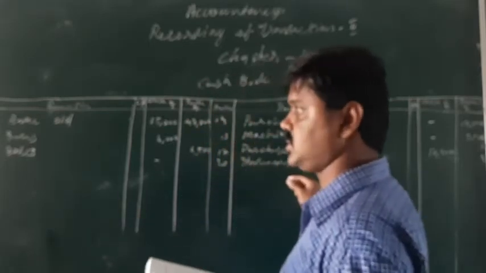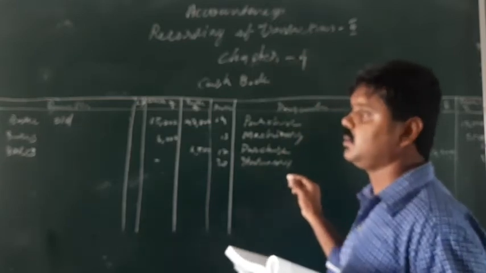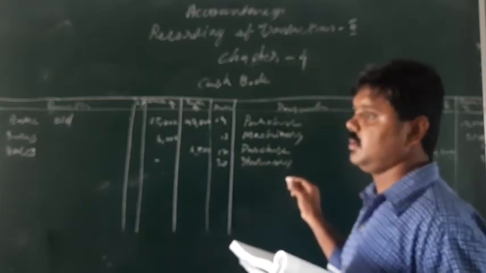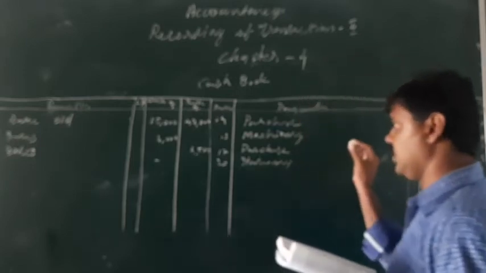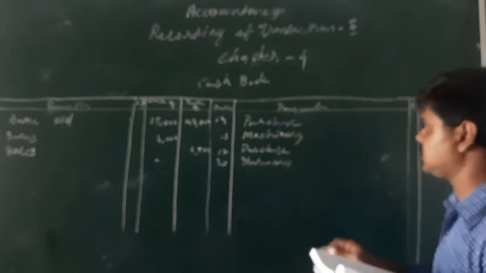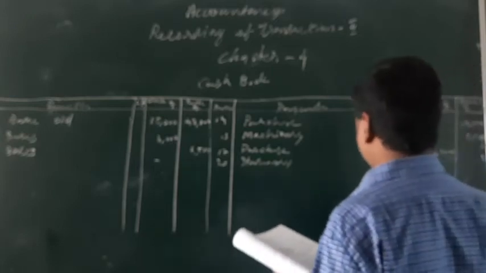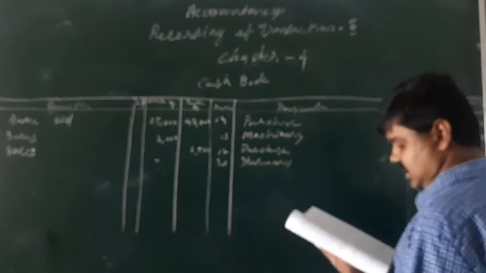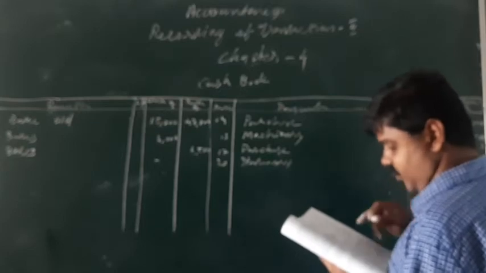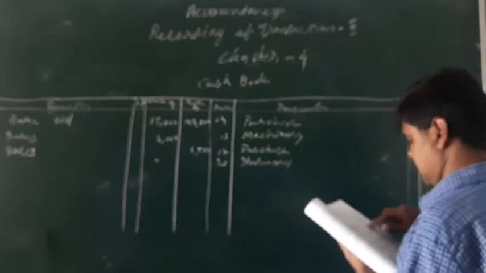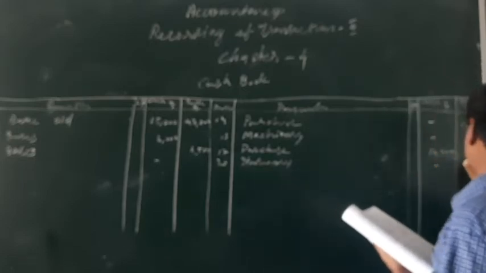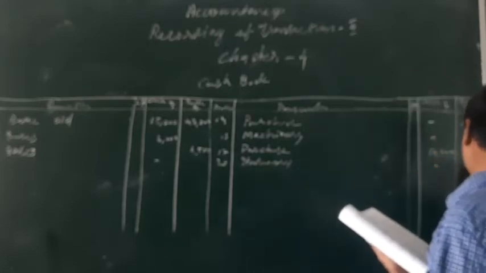Because purchase of stationery is an expense; that is not goods purchase. So we do not record that as purchase, instead we record stationery. And a check is given for the purchase of stationery for 1,100. So here we write 1,100.